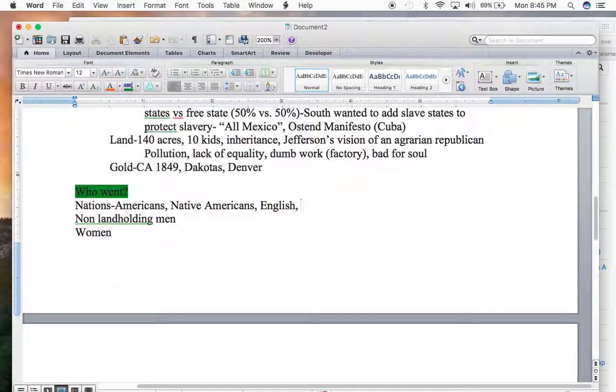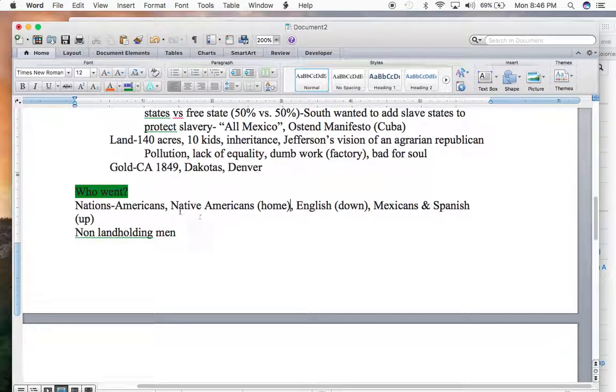And then we had the Mexicans, and we could even say the Spanish, at a time before Mexico was separate. And they were coming, let's say, up from the south. And the English were coming down from the north, and the Native Americans were not coming from anywhere, and the Americans were coming west.